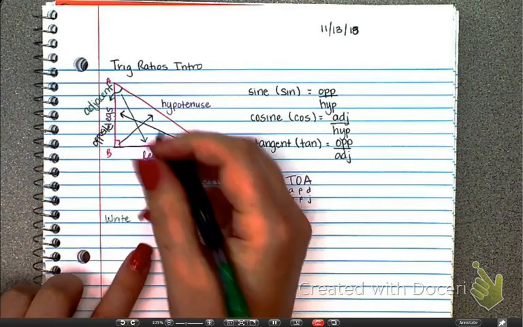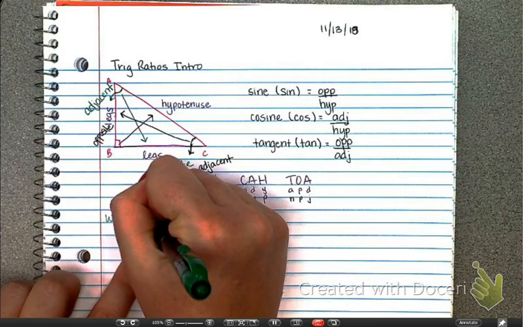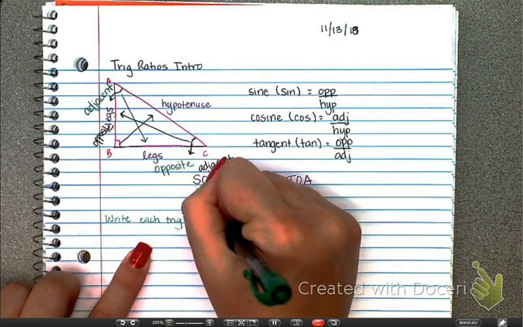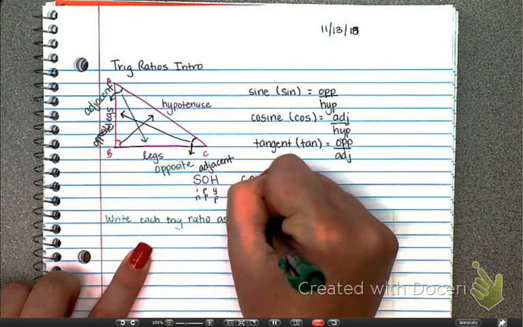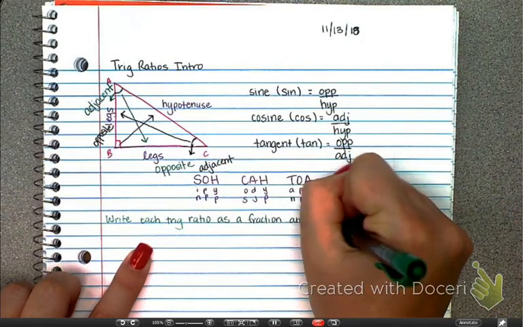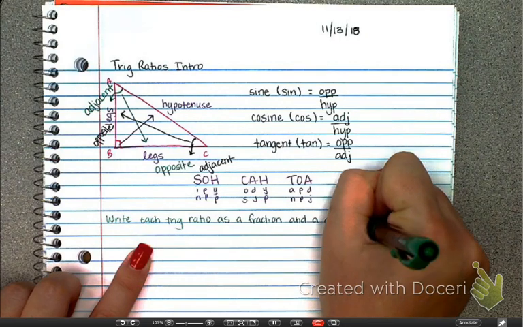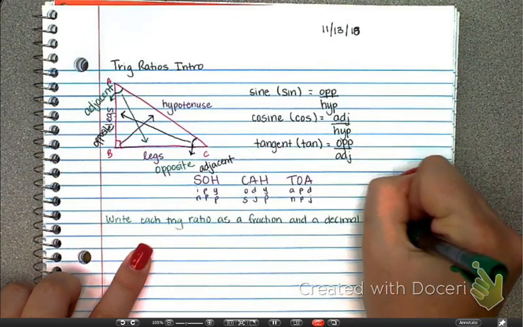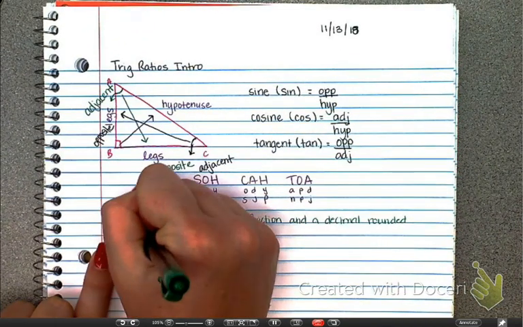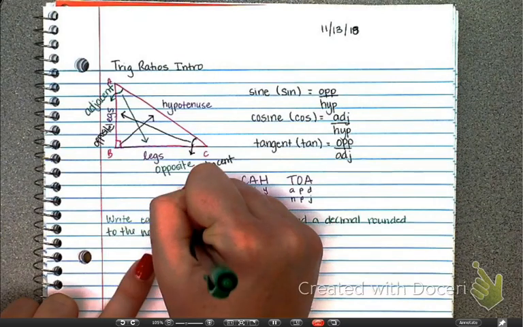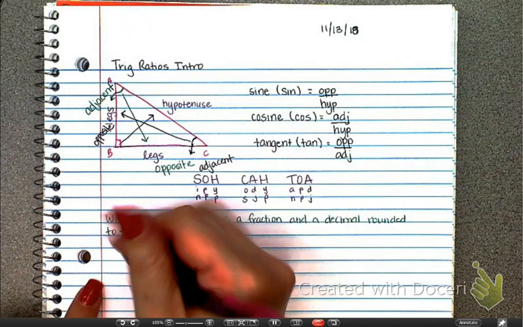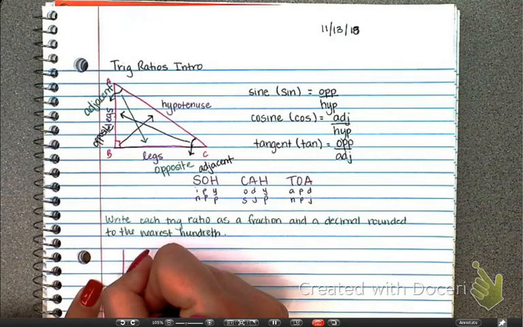So we are going to write each trig ratio as a fraction and a decimal rounded to the nearest hundredth. It's not as confusing as it sounds, I promise.